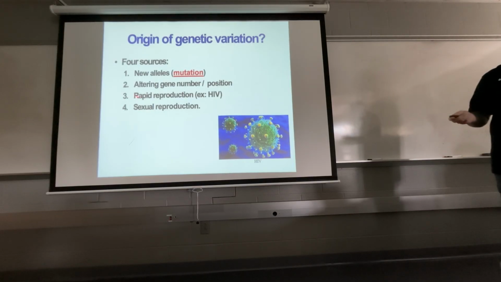Rapid reproduction, particularly with poor proofreading, like viruses, particularly things like HIV, which are RNA viruses that can reproduce really quickly and also have terrible proofreading mechanisms, so they mutate really quickly. And then obviously the big one is sexual reproduction.